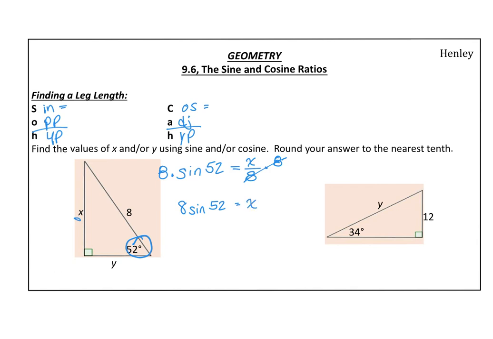So in your calculator, type 8 sine, open a parentheses, 52, close the parentheses, and that will give you x equals 6.3, because we're rounding our answer to the nearest tenth.